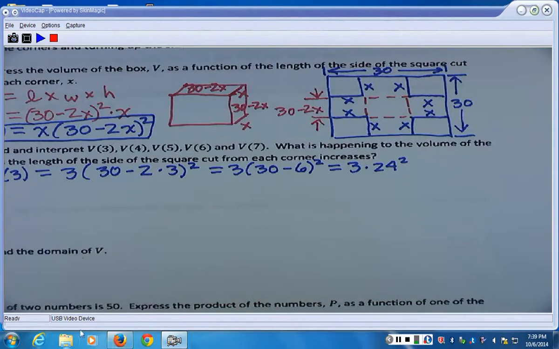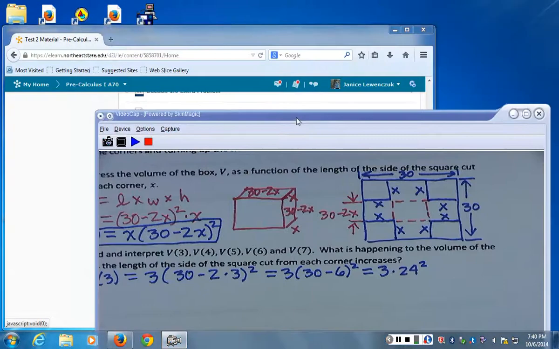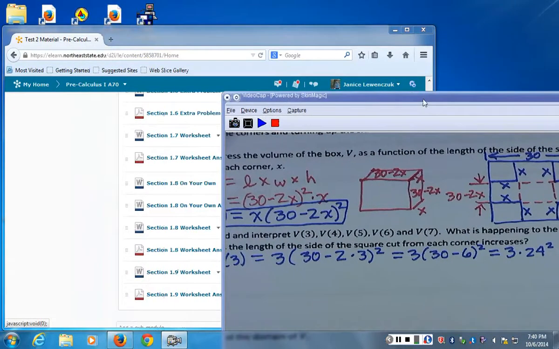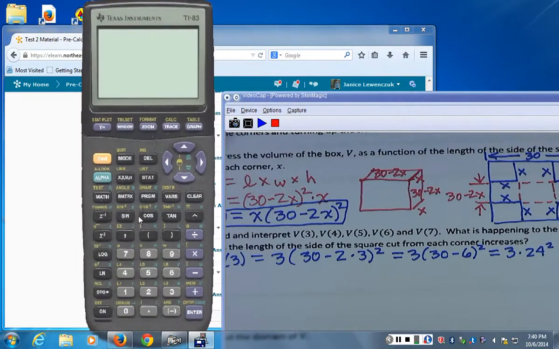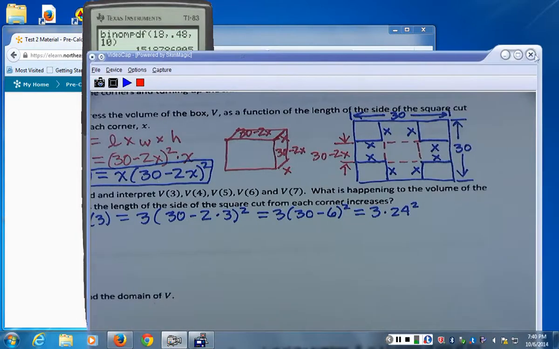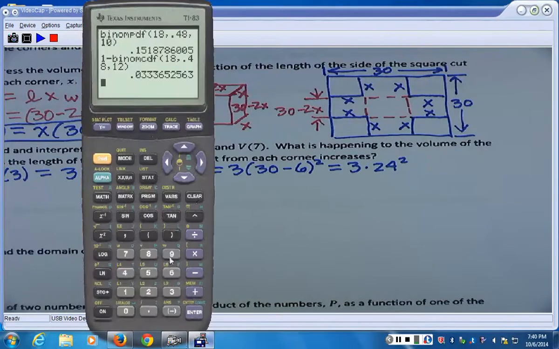Oh, where's my calculator? Didn't bring the calculator up yet? I must have closed it. All right. Okay, so 3 times 24 squared.